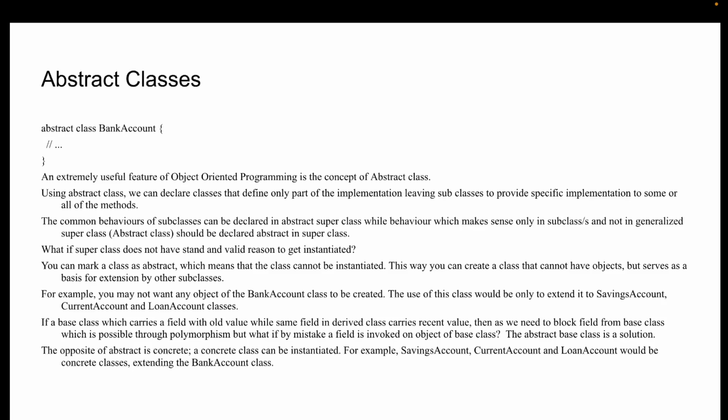So the common behaviors of the subclasses can be declared in the superclass or the parent class, while behavior which makes sense only in a subclass should be created in the child class. Suppose one of the subclasses has some method which does not make sense for the other subclass. Those methods should not be declared in the superclass. Why? Because whatever methods the superclass has are automatically inherited by the child class.